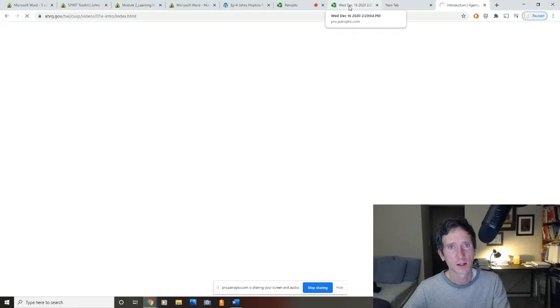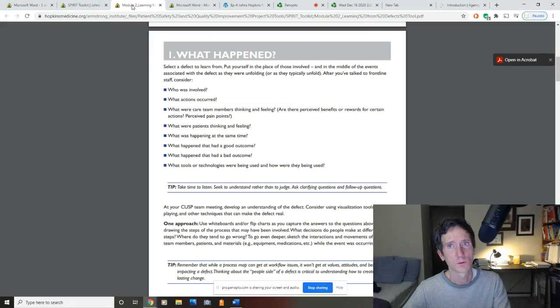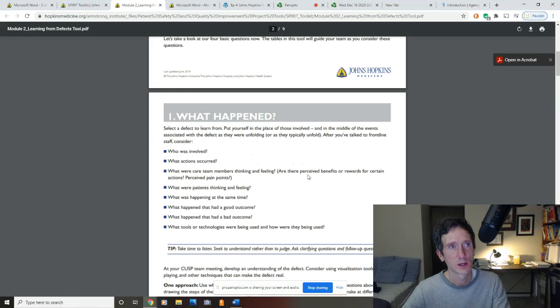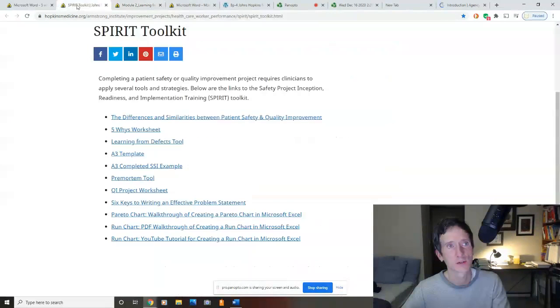But it seems like I'm having a little difficulty bringing up this page for whatever reason. That's okay. I can go to another page that I was interested in sharing with you all, from the Spirit Toolkit. So if I go here, this A3 template that those guys were talking about in their podcast, just briefly they mentioned it, is available right here. I just wanted to share that with you as well.